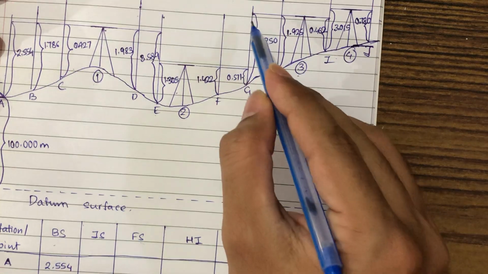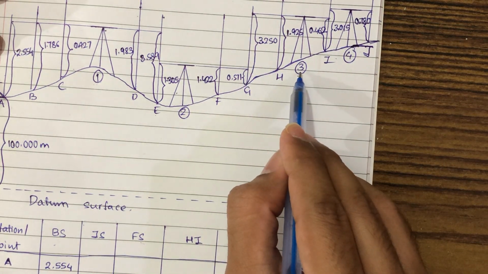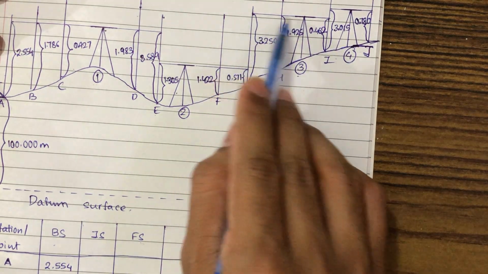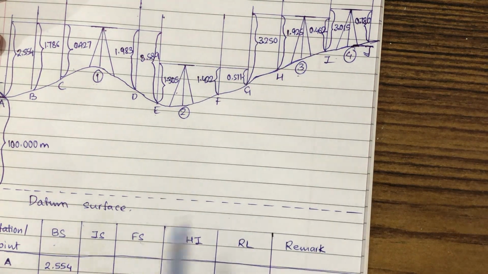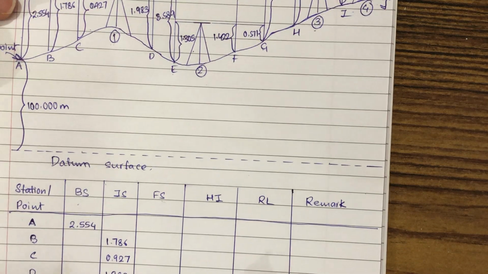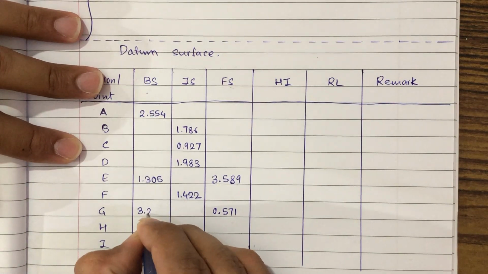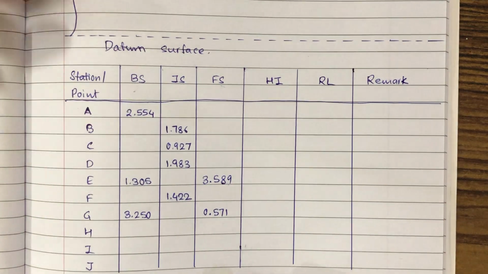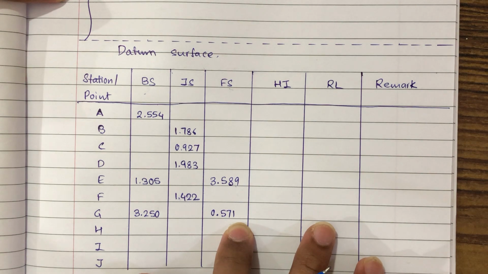And it will coincide with this 3.25, because 3.25 is actually the first reading taken from point 3. The first reading will come under the backsight column. So this 3.25 will come over here, and it will coincide with the foresight reading.